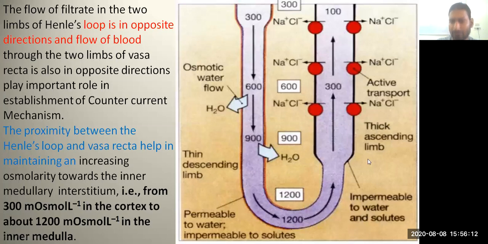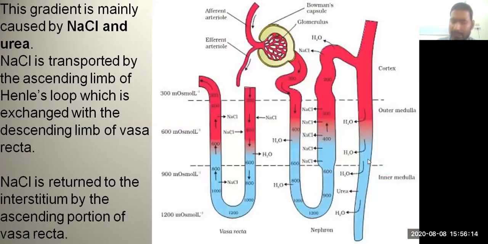Now next, which substances play an important role in maintaining this counter current mechanism? There are two substances: NaCl and urea. This gradient is mainly caused by NaCl and urea. NaCl is transported by the ascending limb of the loop of Henle.